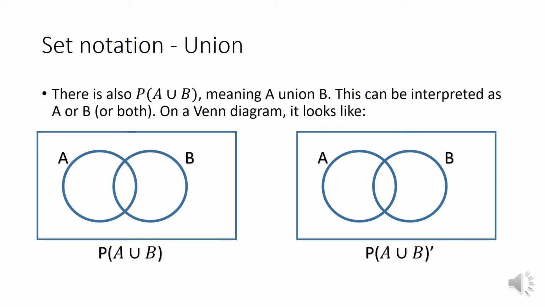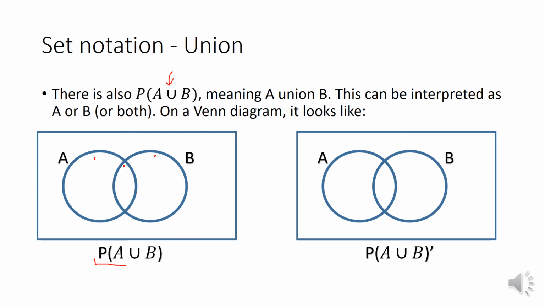Okay, so set notation. The next one we're going to look at is union. So we write this as A union B, so it's this U symbol. And what this means is that A or B, or both. So it's either in the A section, the B section, or the both section.